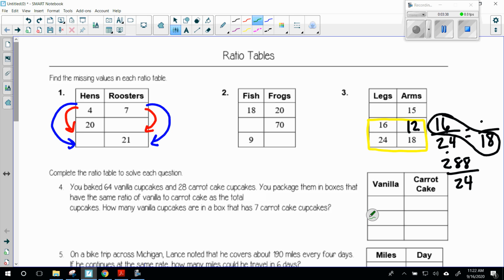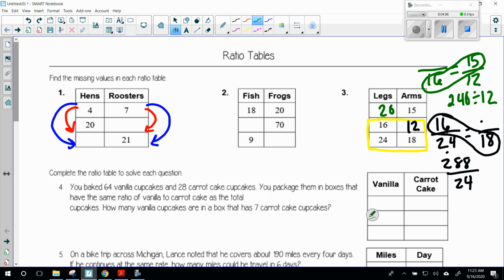And then to do the same thing on the top, we have something over 16 is equivalent to 15 over 12. So again, you're going to take 16 times 15, which is 240, and divide it by 12. So you get an answer of 20. So 20 to 15, 16 to 12, 24 to 18. So same thing we had before.